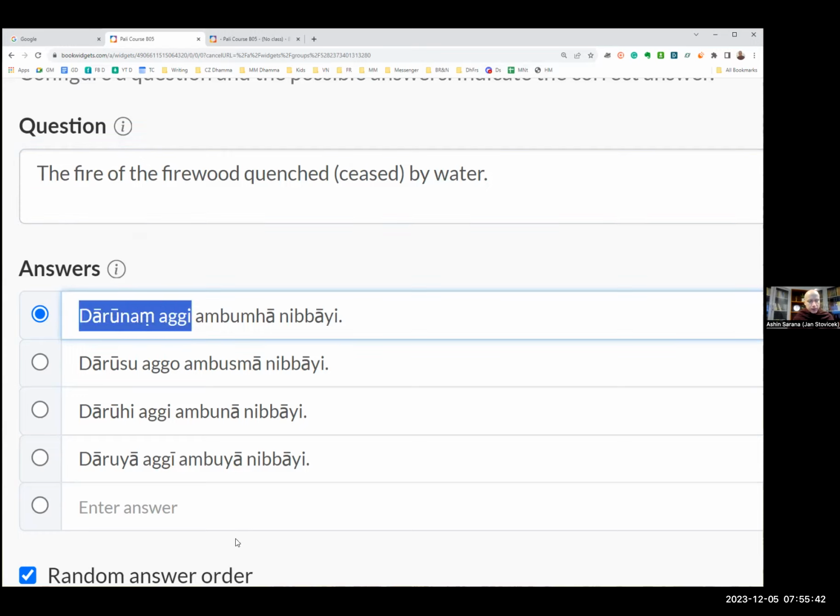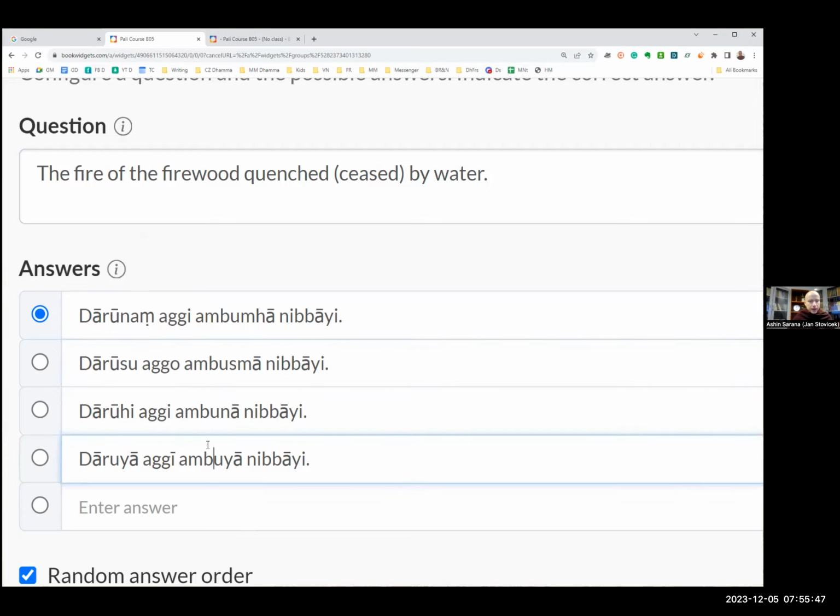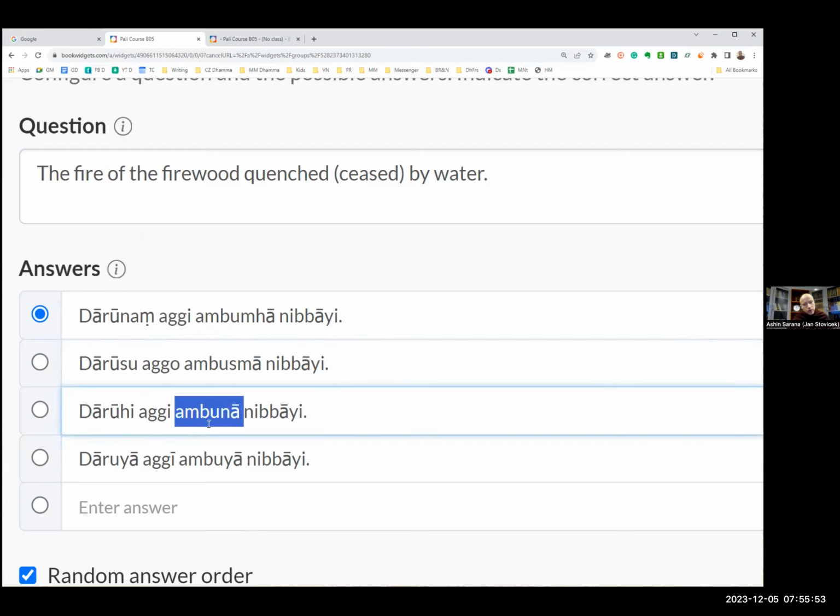All right. And then which one of these? Whatever you choose, even if it was ambuna, ambuna by water, still daruhi aggi would be wrong, because it cannot be accepted.